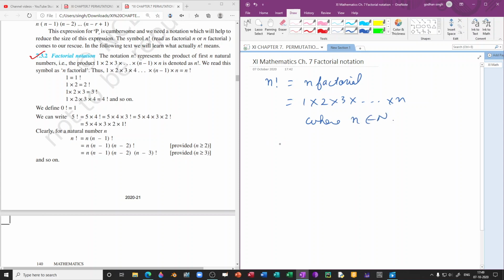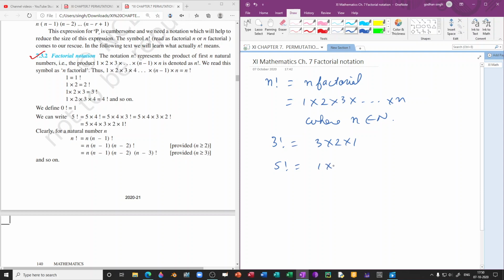For example, suppose we have 3 factorial, it will be equal to 3 into 2 into 1. And suppose we have 5 factorial, 5 factorial will be the product of all natural numbers starting from 5 till 1, or the reverse way also we can write, starting from 1 till 5.